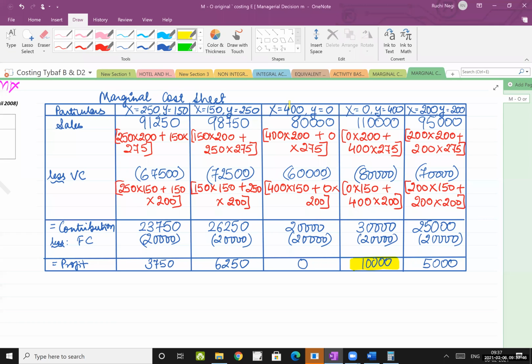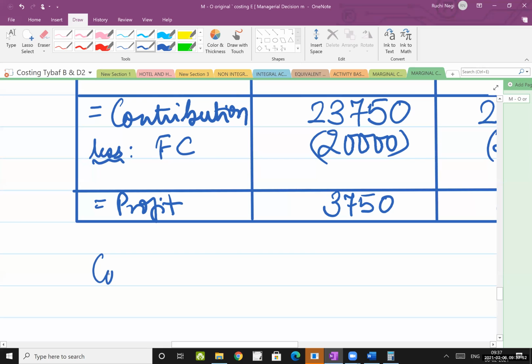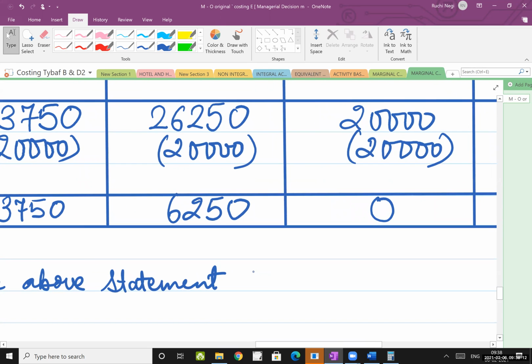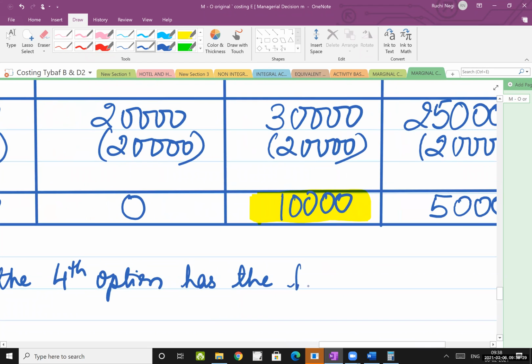Okay, 10,000. So write a comment or suggestion below that you can give. So from the above statement, the fourth option has the highest profitability.